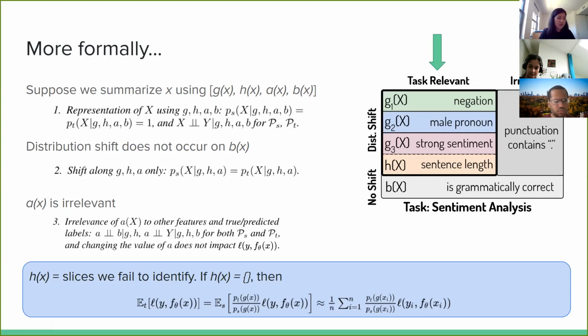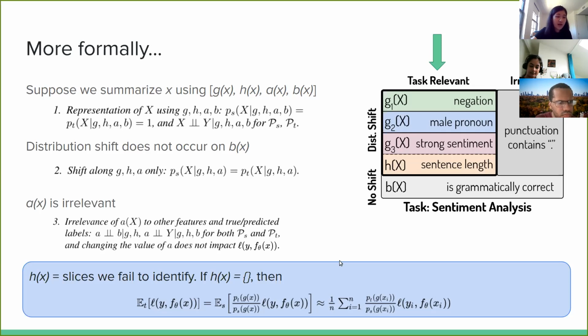And lastly, we have G and H. I've made this distinction here between G and H, but both of them are the components of the feature space that are relevant and shifting. The distinction is that G are the slices that we've identified and been able to write as simple binary vectors. And H represents some hidden component that was not modeled, and is potentially too complex to be captured by this binary representation.